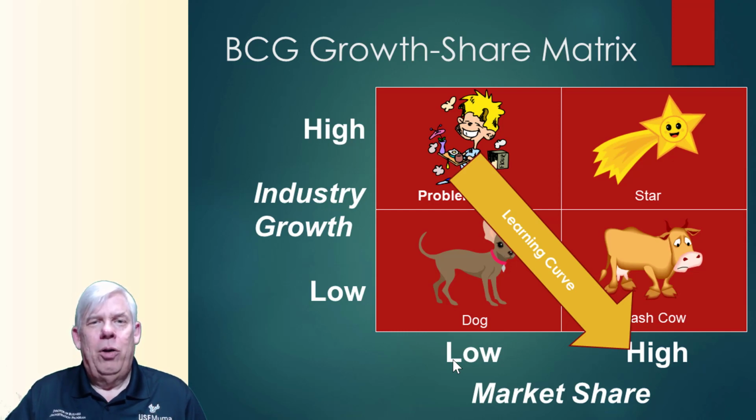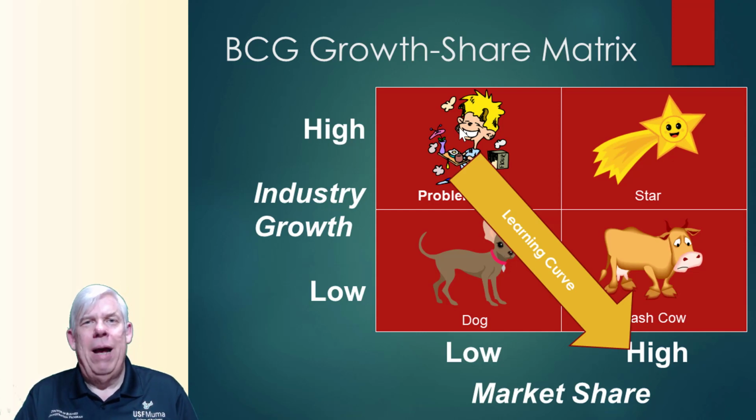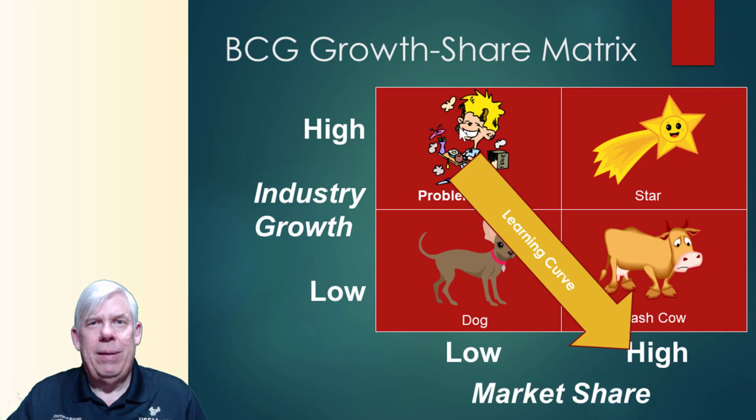Now, growth is expensive. And so, as a consequence, if you have high growth and low market share, your costs are going to be higher than those of your competitors, and you're going to be hemorrhaging cash.